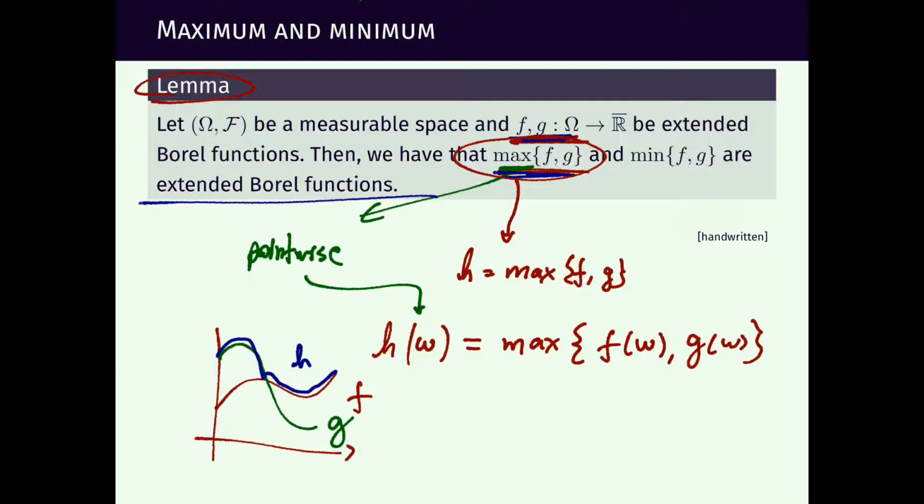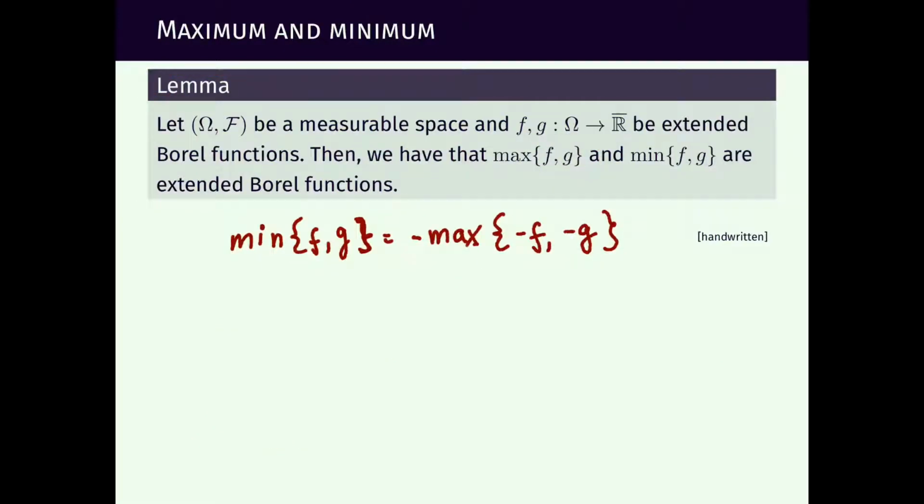And why is that? Assuming f and g are extended Borel functions, and assuming we have proved that the maximum of any two extended Borel functions is also an extended Borel function, we can see that the minimum of two numbers, and that will be true for functions, is the same as taking the negative of those numbers, taking the maximum, and taking the negative of that.